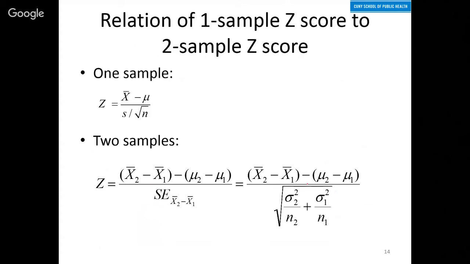So with this alteration, whether this is sigmas calculated from the population or s's from the sample, the only difference from the one sample case is this difference in how we calculate a pooled standard deviation.